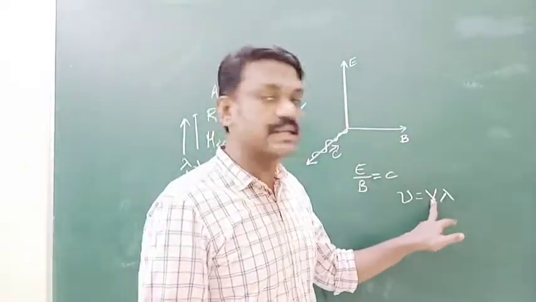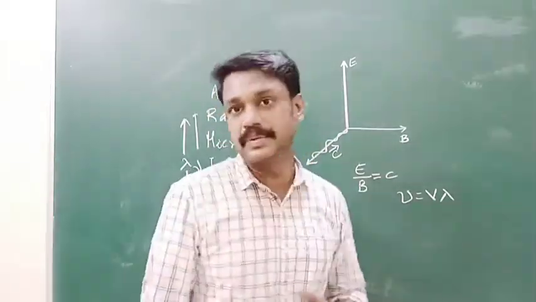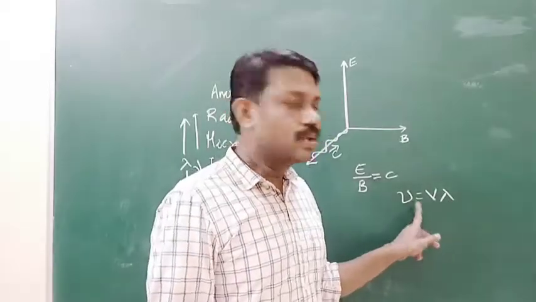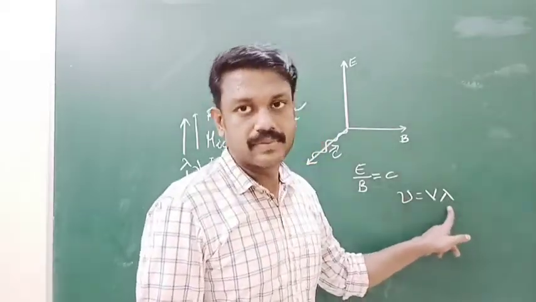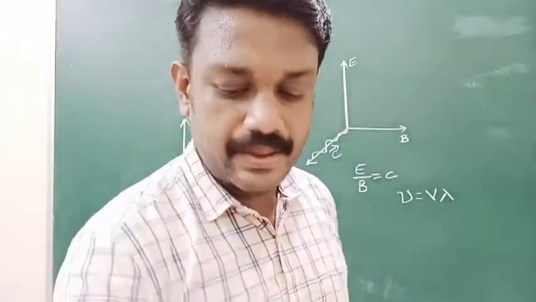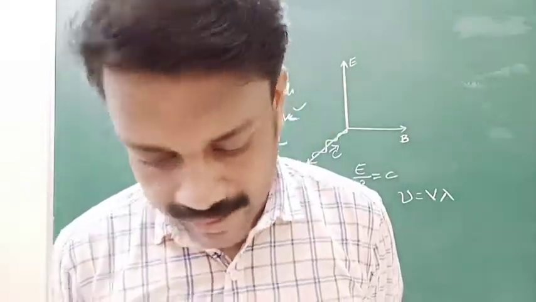The velocity of electromagnetic waves is the same, 3 × 10^8 meter per second. So if you know λ, you can calculate ν, and if you know ν, you can calculate λ.